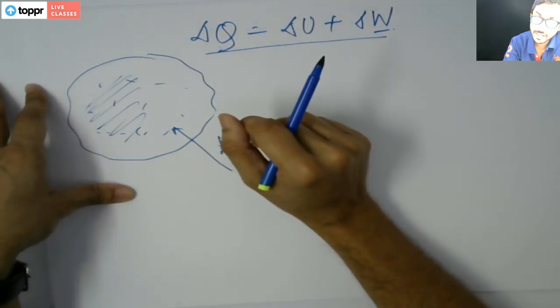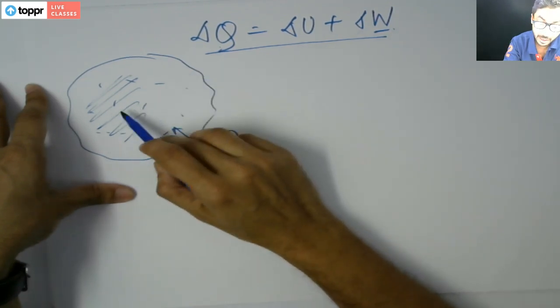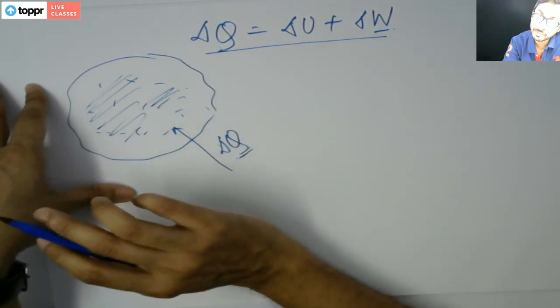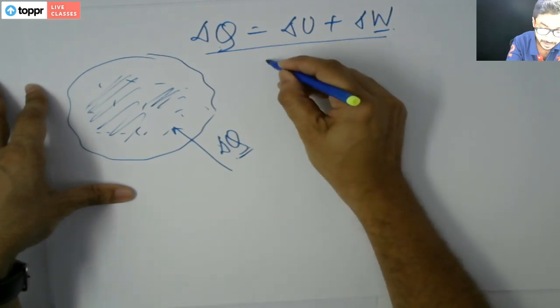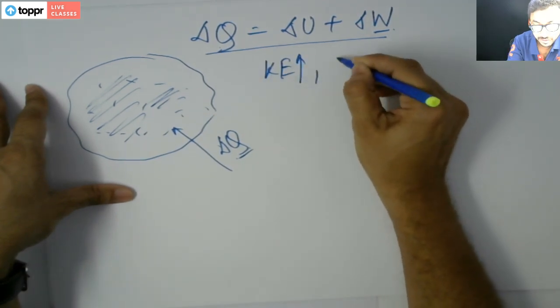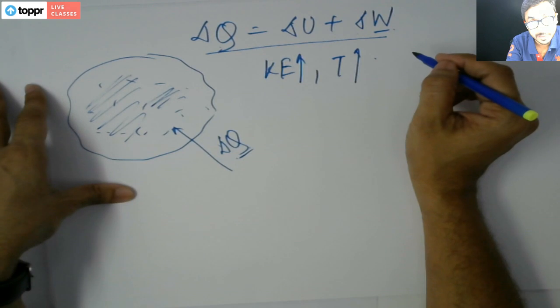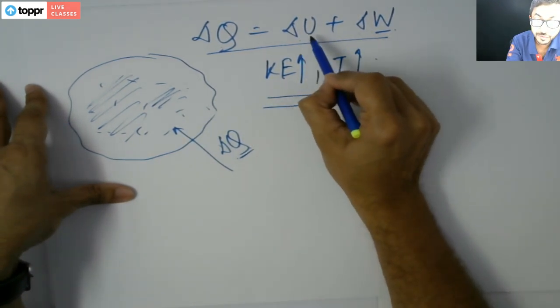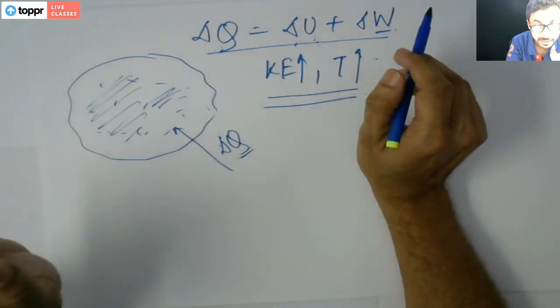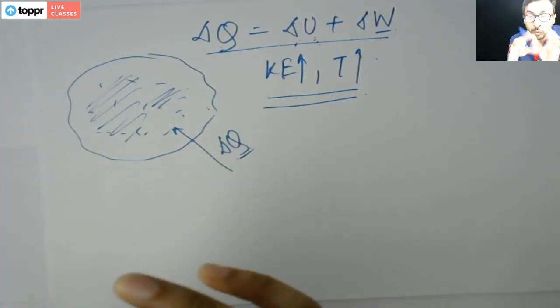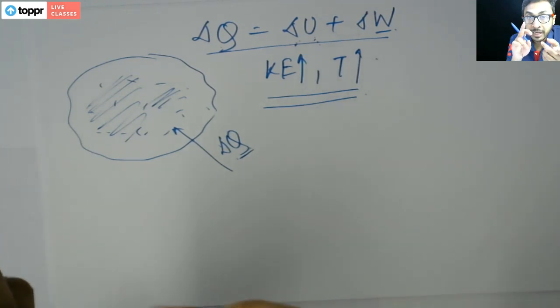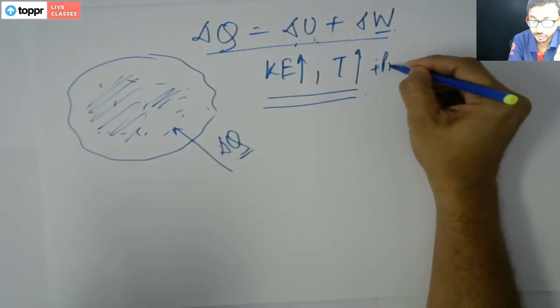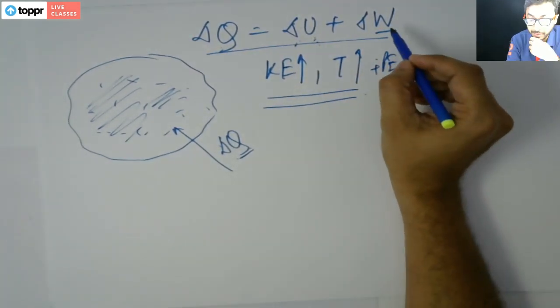And you must have studied in the kinetic theory of gases, when its molecule starts vibrating vigorously, what happens? Definitely its kinetic energy increases, means its temperature increases, right? That leads to the change of the internal energy. Internal energy is nothing but the overall average kinetic and potential energy in the gas.